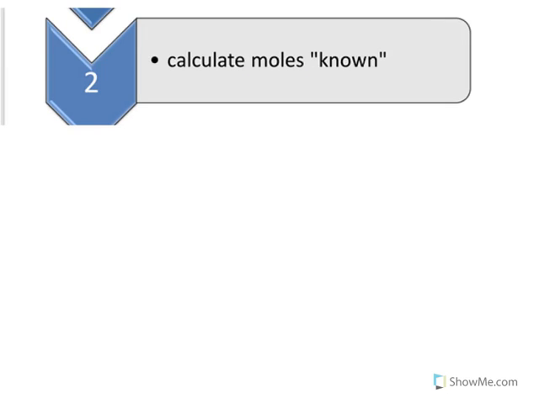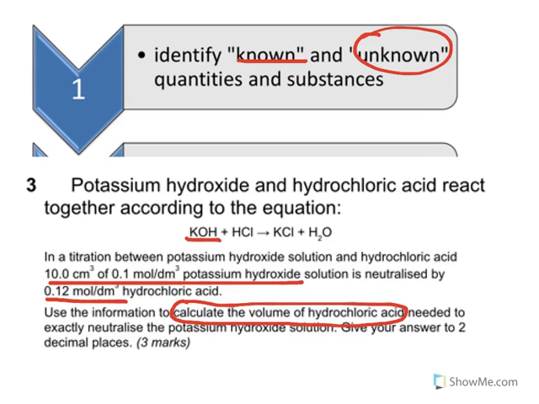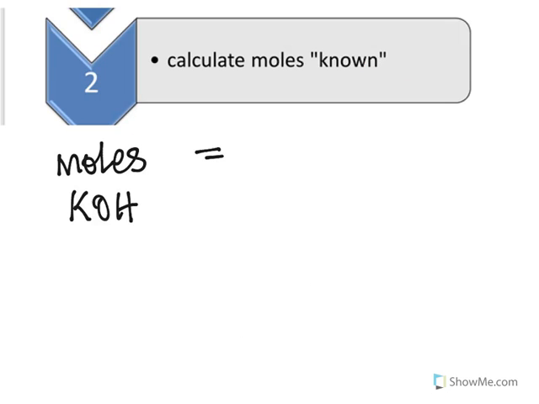So the second step is to calculate the moles of the known substance. So in this question we're calculating the moles of potassium hydroxide. Now we have a concentration and a volume, if you look back to the question. So we know that we can work out the number of moles by multiplying the concentration by the volume.